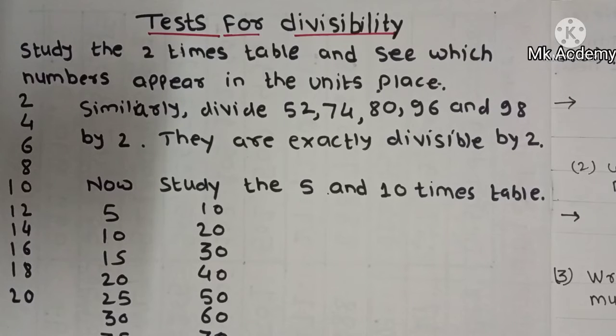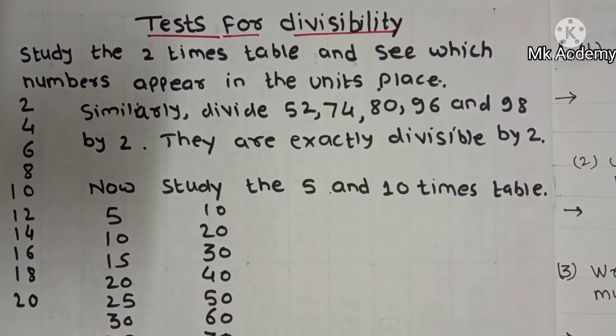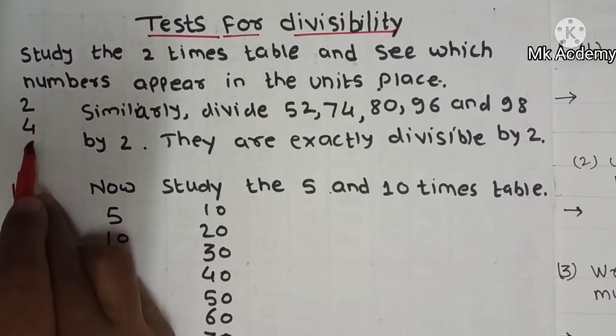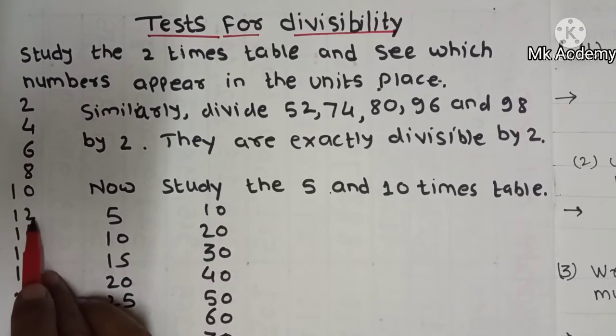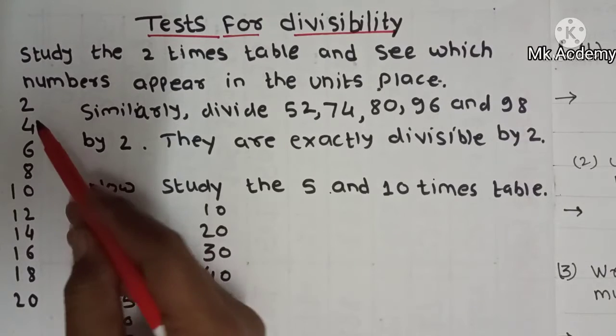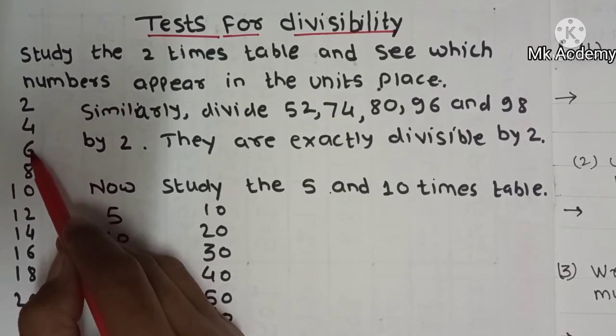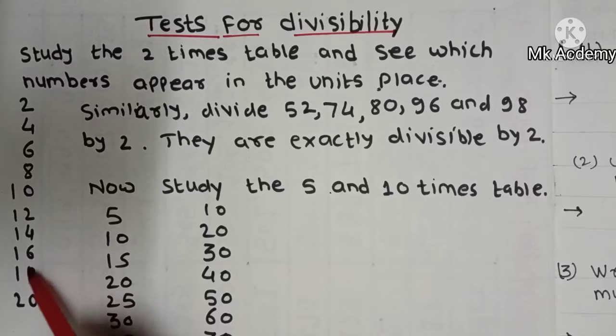Study the 2 times table and see which numbers appear in the unit place. Now we learn the 2 times table. See, 2 1 is 2, 2 2 is 4, 2 3 is 6, 2 4 is 8, 2 5 is 10, 2 6 is 12, 2 7 is 14, 2 8 is 16, 2 9 is 18 and 2 10 is 20. Now at the unit place: 2 4 6 8 0, 2 4 6 8 0.